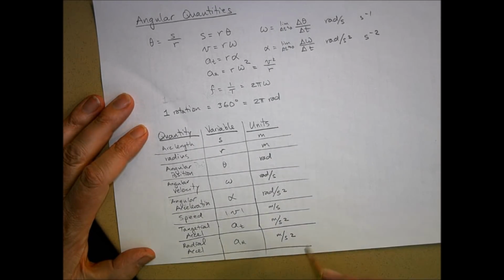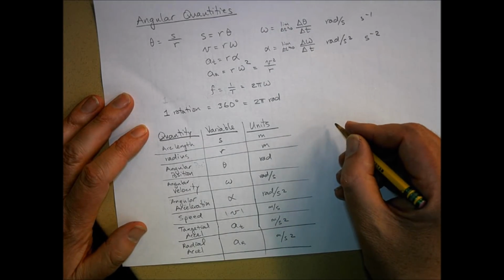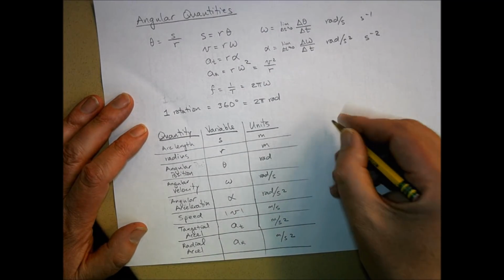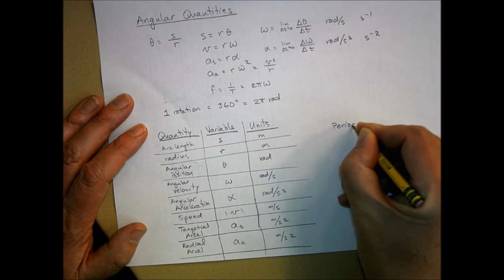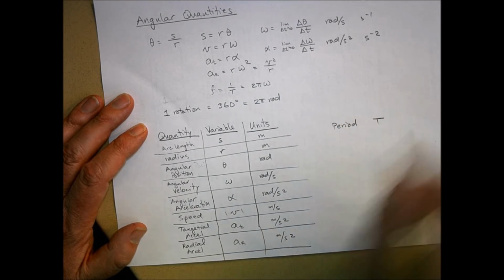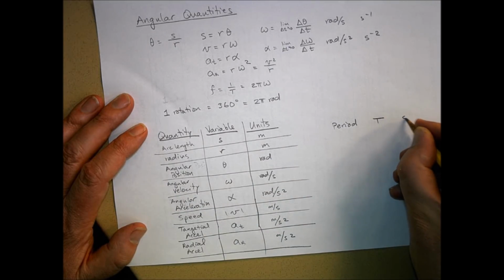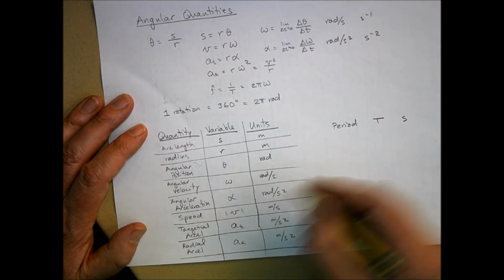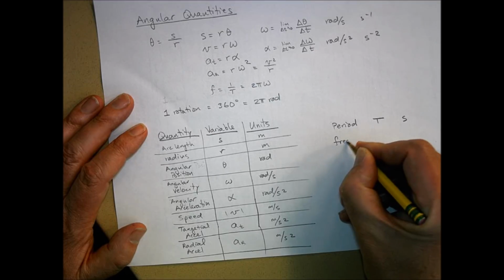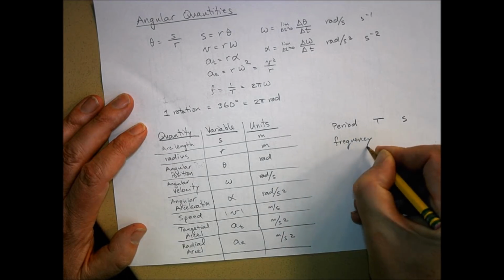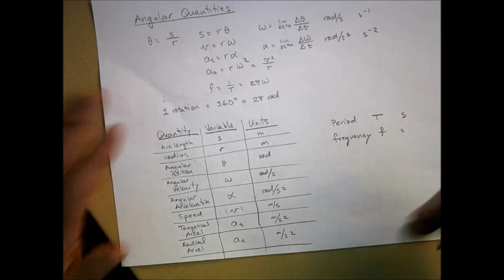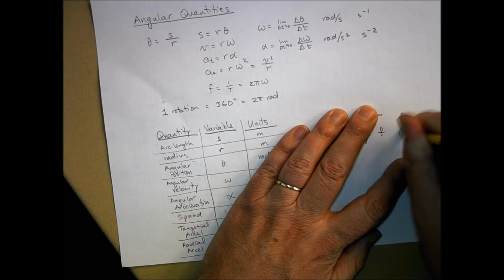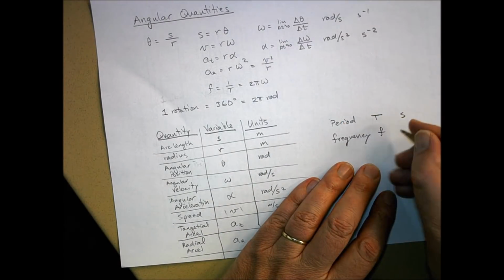Well, yeah, I got to put period, which we use a capital T, and we use the unit of seconds, and then we have frequency, which we use f, and that's going to be cycles per second or rotations per second.